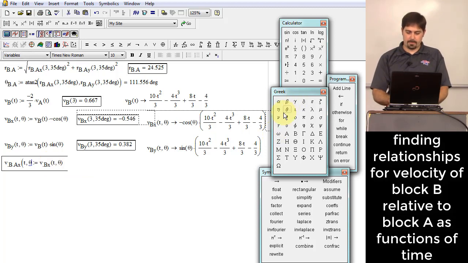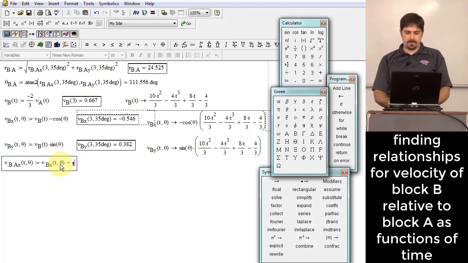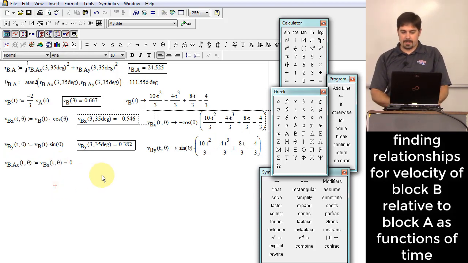What did I do for the displacement question in the x direction? Remember, horizontally, block A is moving entirely vertically, right? So I can just subtract 0 because I don't have any motion in the x direction for block A.